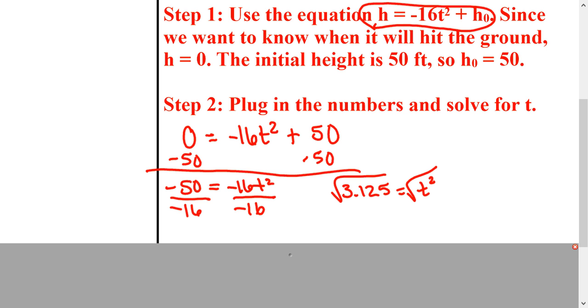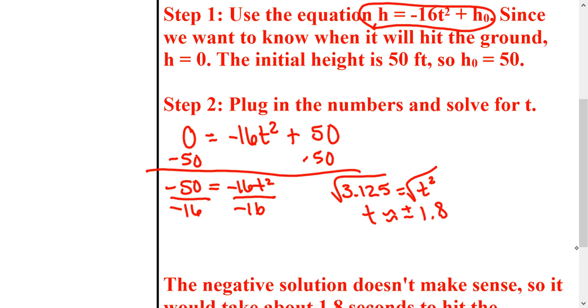So to get t by itself, to undo the square, I would have to take the square root. And so I would take the square root of 3.125, which I'm going to round to the nearest tenth, and that comes out to about 1.8. So then, remember I took the square root, so it could be positive 1.8 or it could be negative 1.8.